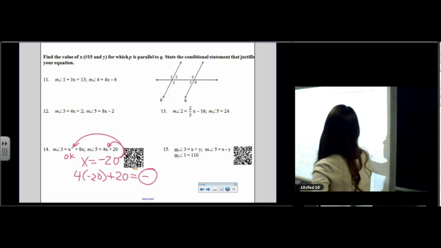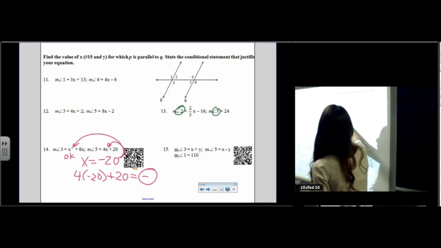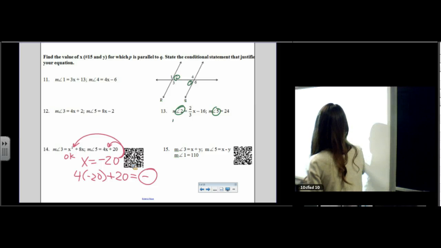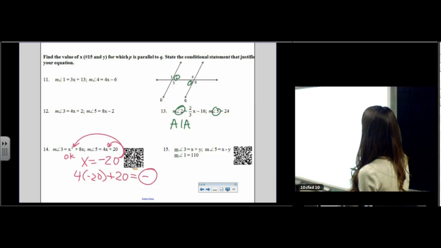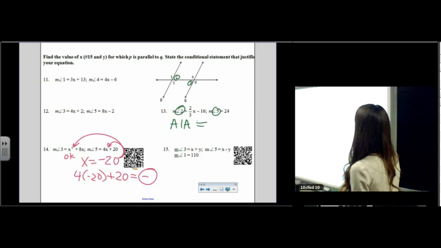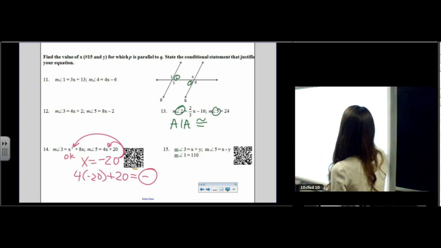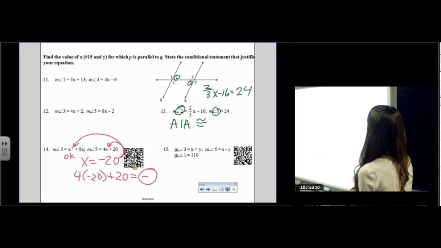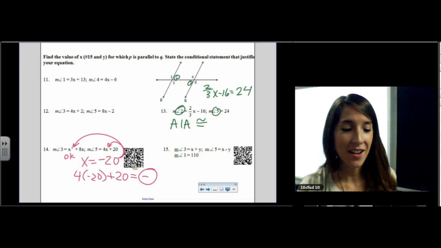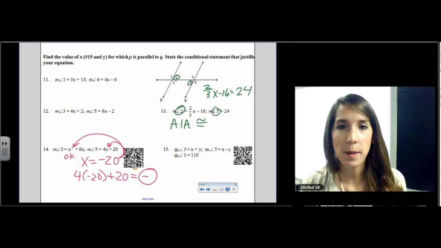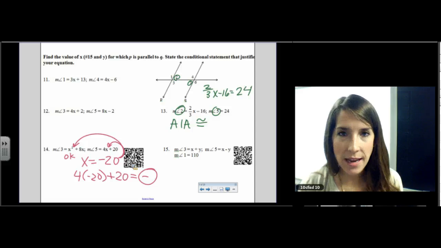Number 13. Angle 2 and angle 5 are alternate interior angles. So we know that that does not start with an S, therefore they're congruent. 2/3 x minus 16 equals 24. What I recommend, because a lot of us don't like fractions, is you multiply every single thing by 3.